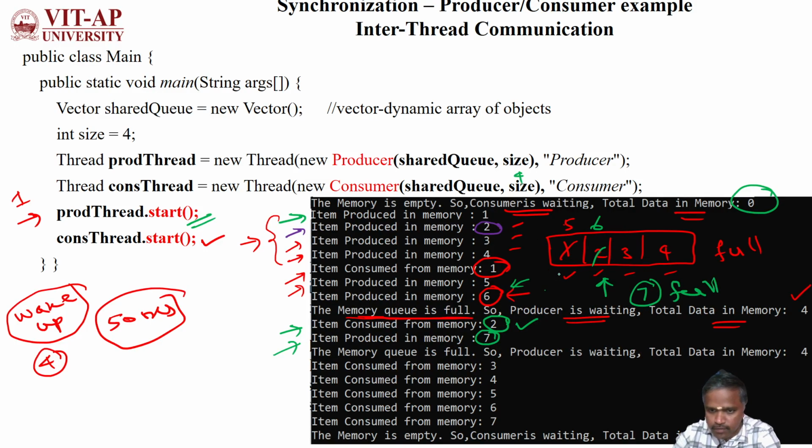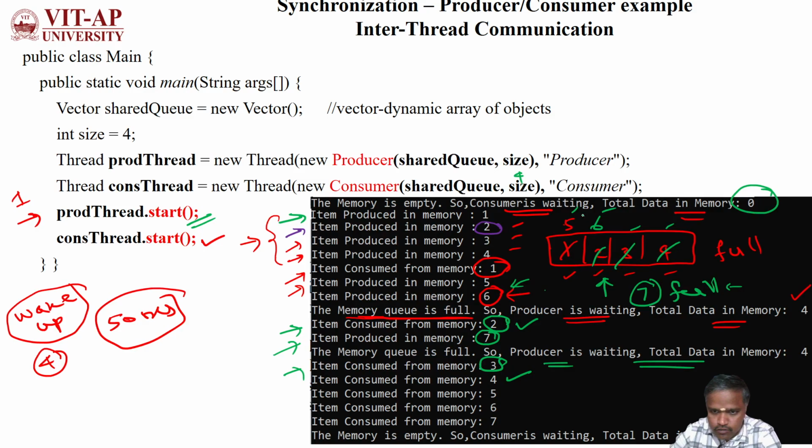Okay, in the 0th memory location 5 is there, in the second memory location 6, in the third memory location 3, and this one is 4. So now you look at that the item 3 has to be consumed. It is consumed. Before that the queue becomes full, so total data in the memory is 4, and the producer is waiting. Consumed memory is here 3, then in this step 4 is consumed.